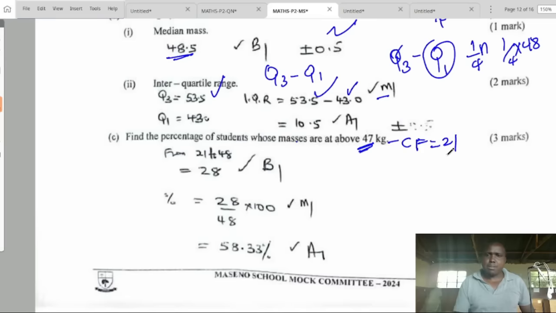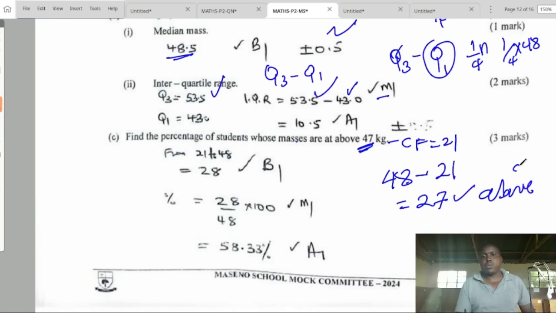So meaning above, it is 48. Those that are above is 48 minus 21. That one will give you, is it 27, around 27. So there is always plus or minus 1. So this one will be above 47 kilograms.